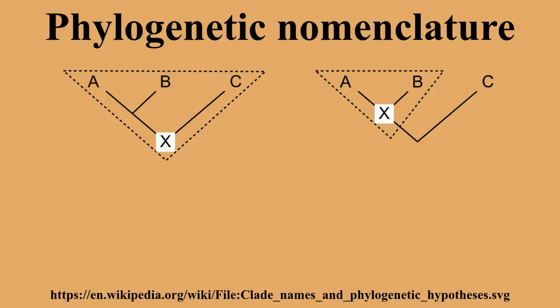This led Kevin de Queiroz and the botanist Philip Cantino to start drafting their own code of nomenclature, the Phylocode, for regulating phylogenetic nomenclature.